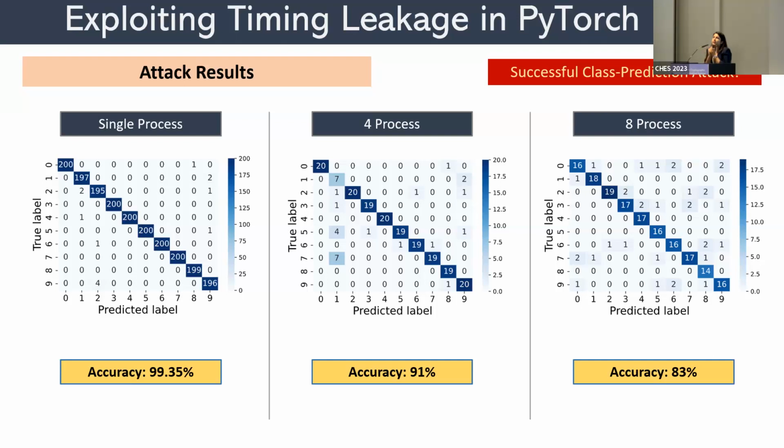So what I meant was, if they are in the same superclass, will the time difference be smaller, or does it not matter? Actually, we didn't look into how much the timing difference is between various classes. We just observed whether it's distinguishable or not. We were just depending on this t-statistic value. Okay, thank you.